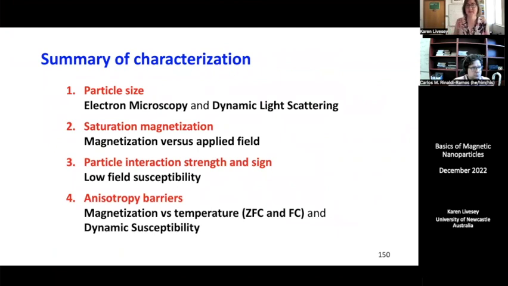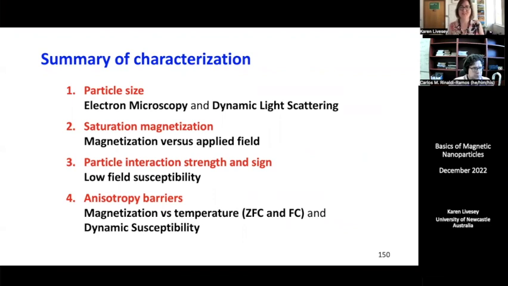All right, so here's a summary, and I think I've gone 32 minutes, so we've got plenty of time for discussion. Particle size we can get from electron microscopy or dynamic light scattering. Saturation magnetization, we might want to look at magnetization versus applied field curves.